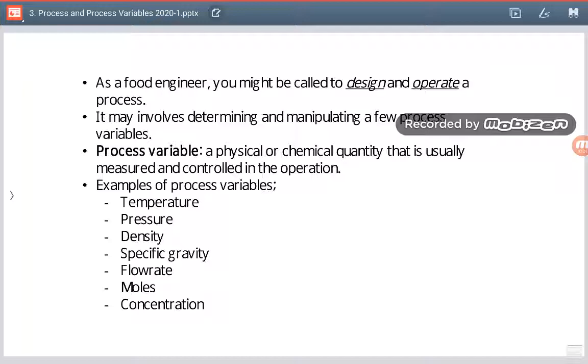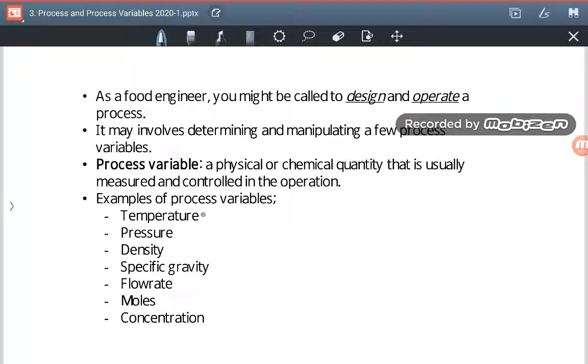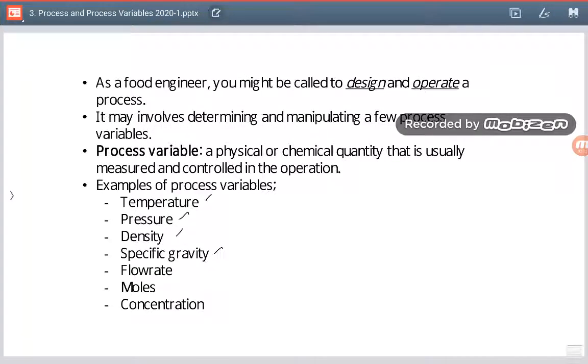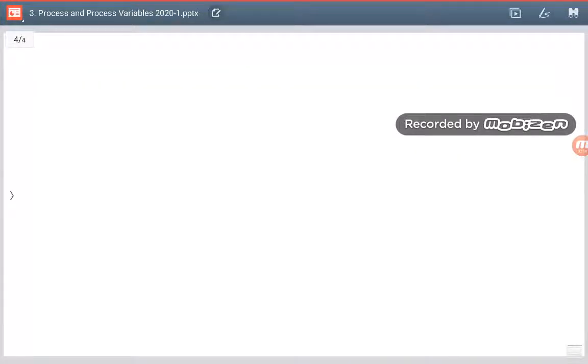So we are going to go a little bit further to understand more about some of the processing variables here, including the temperature, pressure, density, specific gravity, and so on. But I would like to give you an example of what it means by a process and what the process variables involved in a process are.